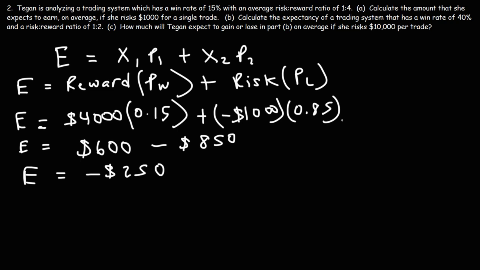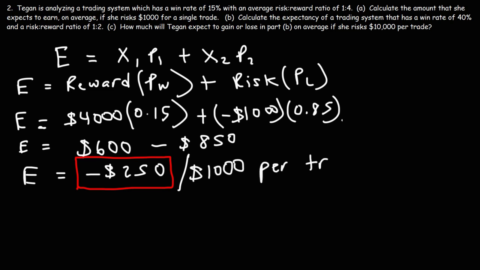So what does that mean? This means that she expects to lose $250 for every $1,000 that she risks per trade on average. As a decimal, if you divide 250 by 1,000, you'll find that her expectancy is 25 cents for every $1 that she risks per trade.